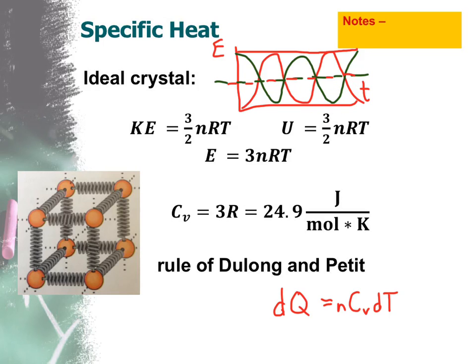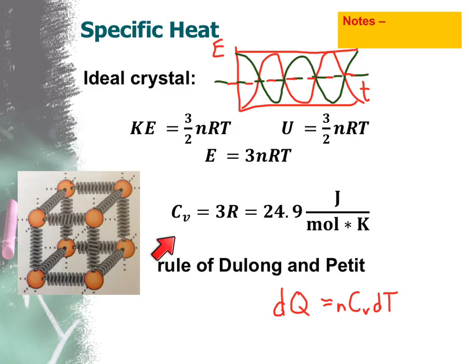Now, on average, both of these share half of the total energy. So whatever kinetic energy I have on average is going to be the same amount of potential energy I have, which means that the total energy that I have in this lattice, in this crystal, is 3 times nRT.